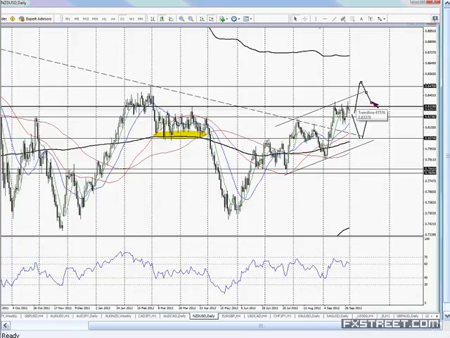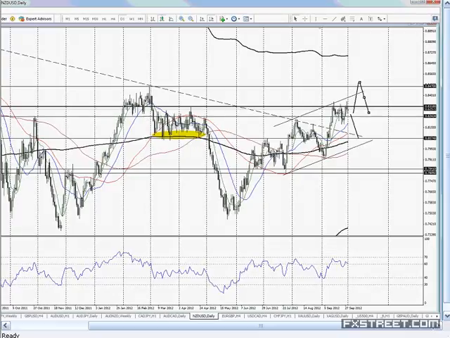Okay, at that point, my target would be back to these previous highs here. Okay, the aggressive target being, I would take the analogy of this consolidation period and put my aggressive target down to this pivot here, 82.40, 82.50 area.